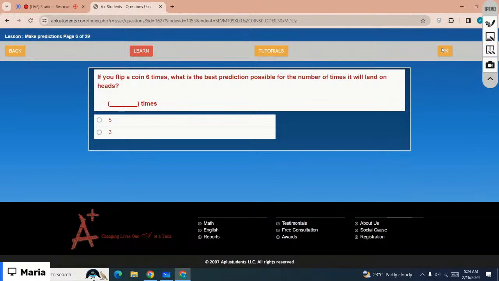If you flip a coin six times, what is the best prediction possible for the number of times it will land on heads? So, which is the correct option?